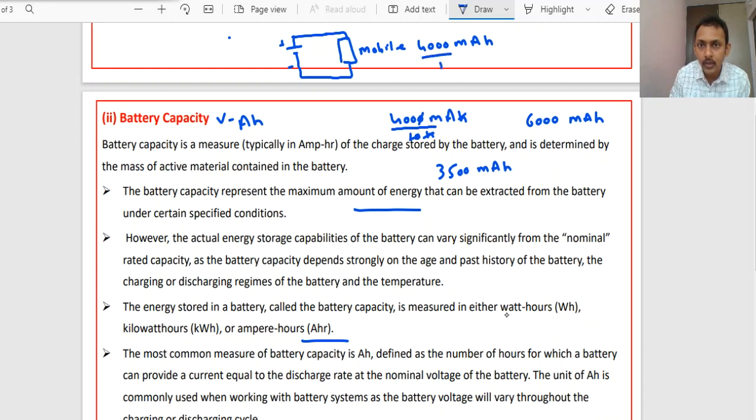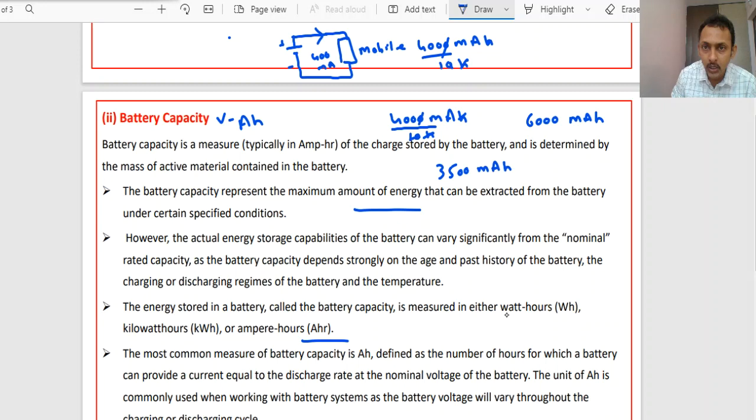So if it is working for some 10 hours, its meaning is it is going to draw 4000 mAh divided by 10 hours, some 400 milliamps.